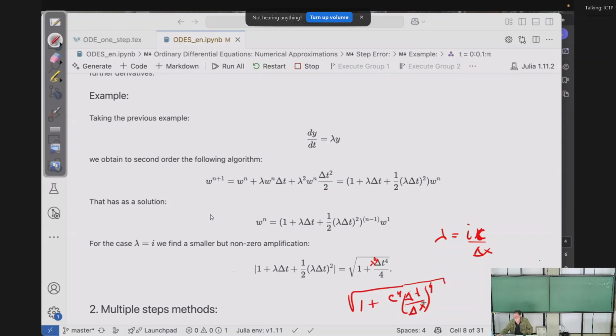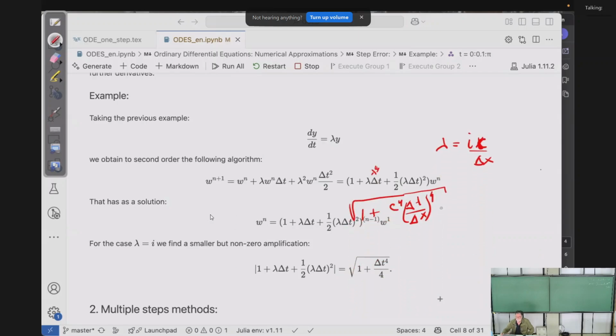So this number is finite, it's not going to 0, and we will have some amplification. So this is not good. Still not good. We can use Taylor's, but we have to go to higher orders.